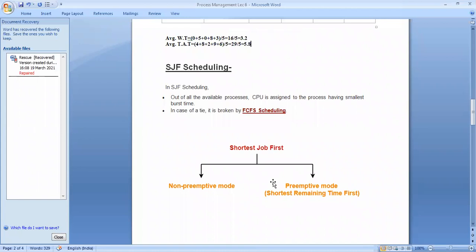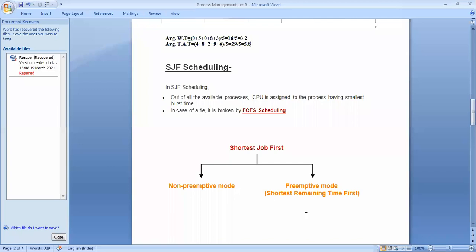Once a process is assigned, that means executing, after its completion another process will execute. But in preemptive mode, it is called shortest remaining time first. When shortest job first is in preemptive mode, then it is called shortest remaining time first.